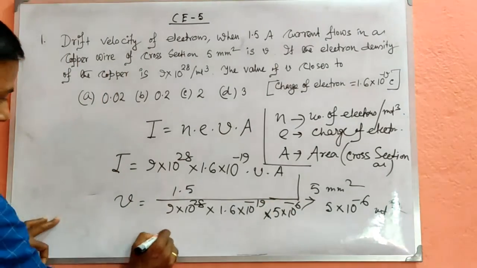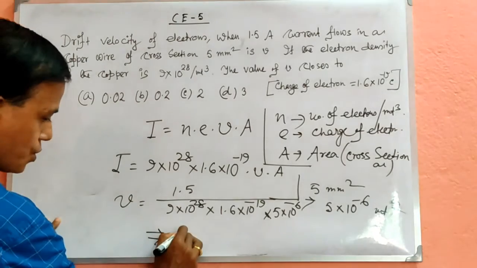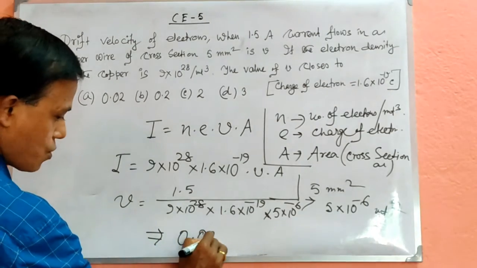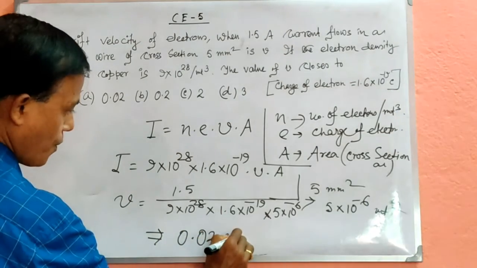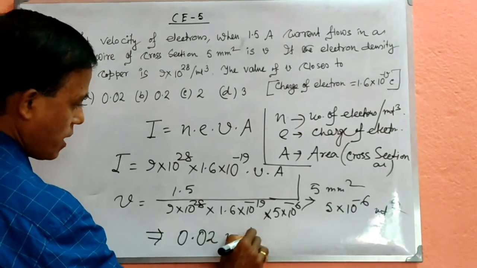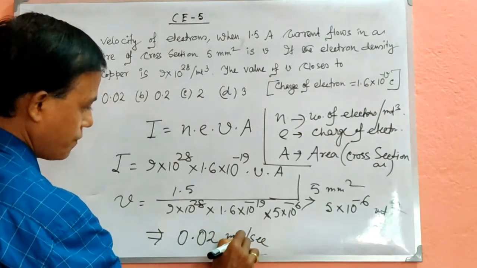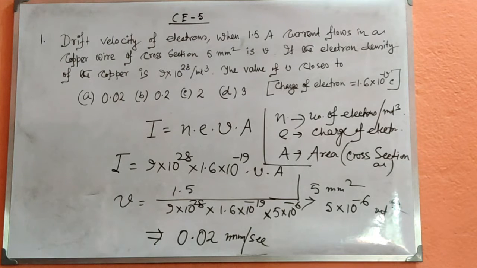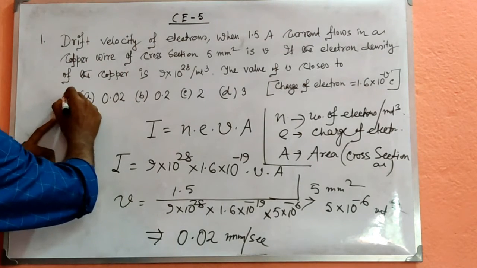So it comes 0.02 millimeter per second. So the option A is correct.